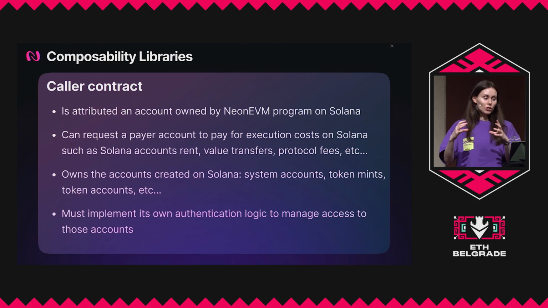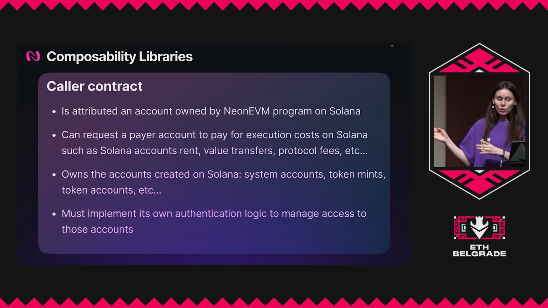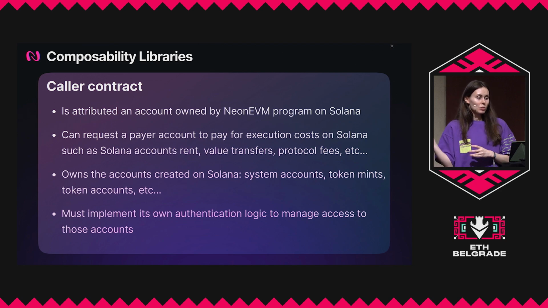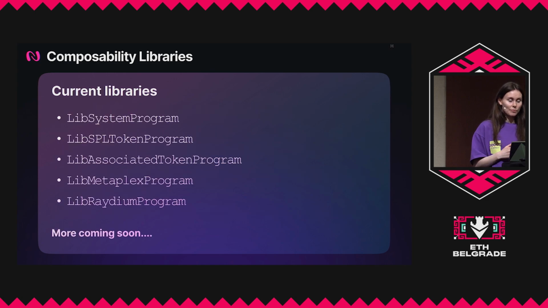Then the contract owns the accounts created on Solana. All the system accounts and token mints are going to be owned again by this contract. And yes, it must implement authentication logic to manage access to those accounts.